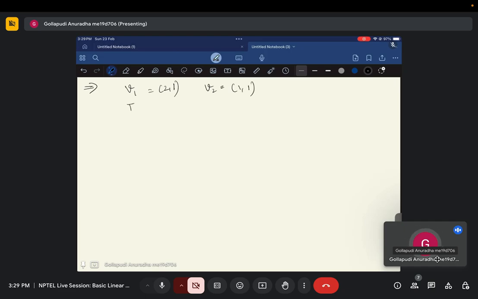On transforming v1 by T, I am getting a new vector as this, and on transforming v2 I am getting 1, 1. Then what is this transformation matrix?